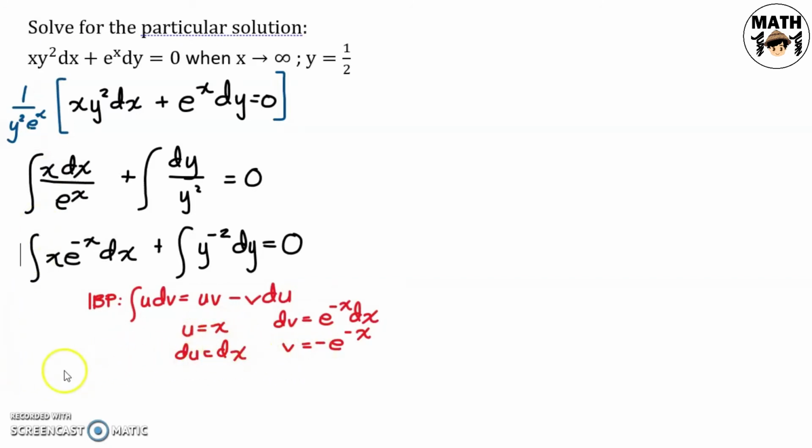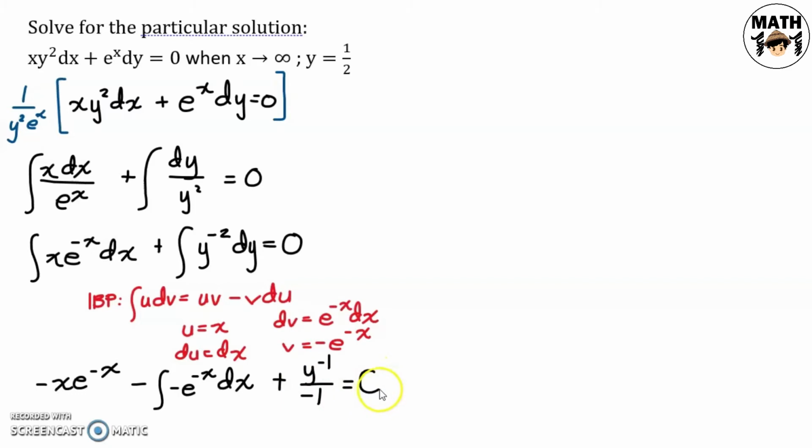So uv is x times negative e raised to negative x, or negative x e raised to negative x minus the integral of negative e raised to negative x dx plus, yung second term natin, integral nun is y raised to negative 1 divided by negative 1, that is equal to the constant c, kasi indefinite integration.